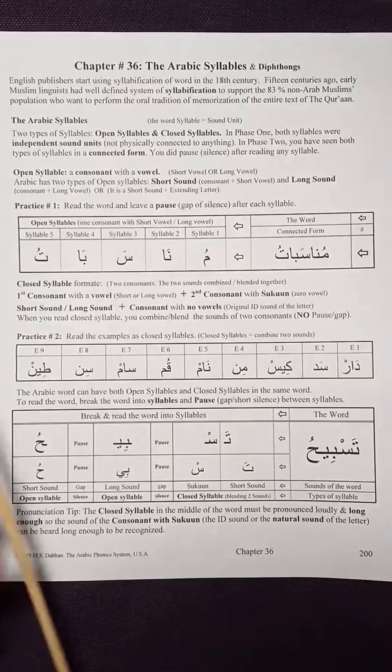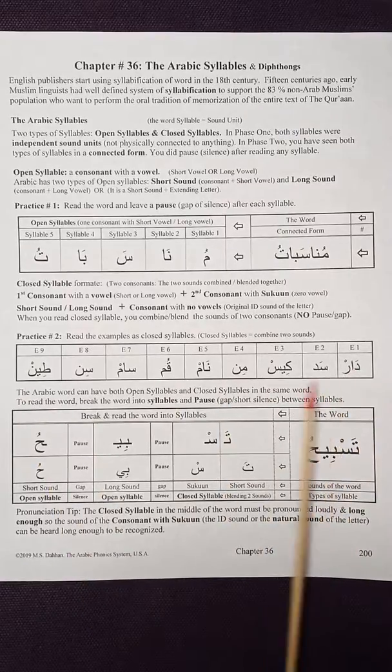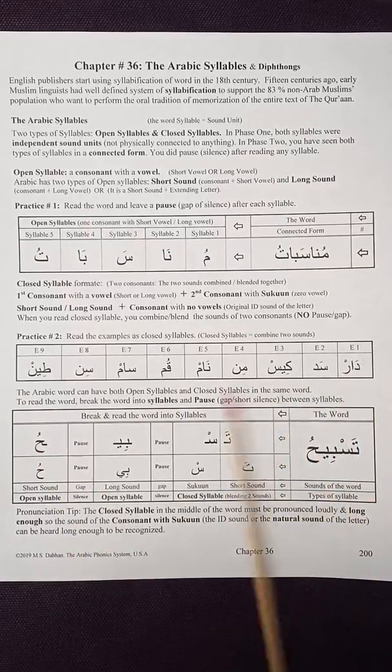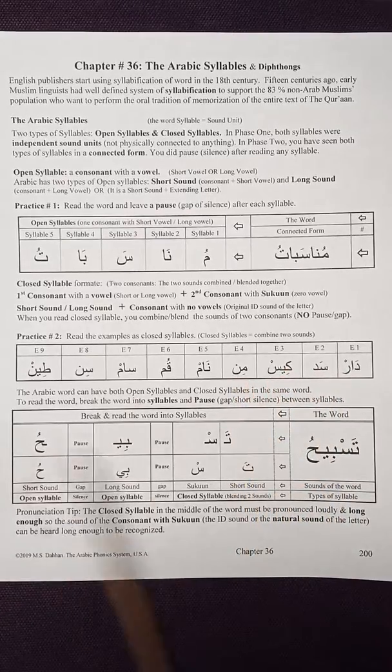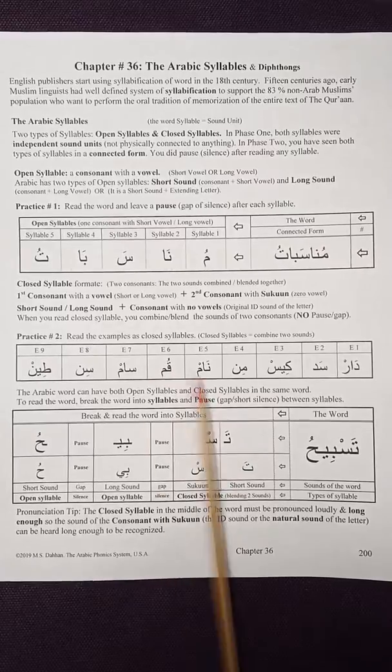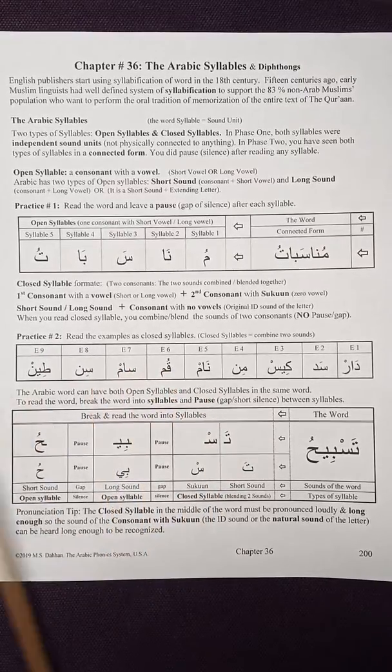We don't do anything in the middle. We have a pause after that. And now we put a bunch of examples here. They're all actually closed syllables. دار سد كيس من نام قم سام سن طين.